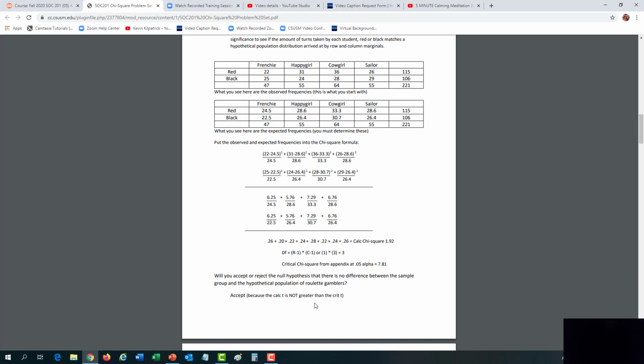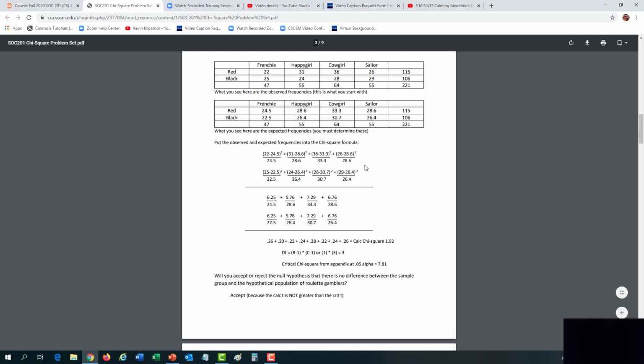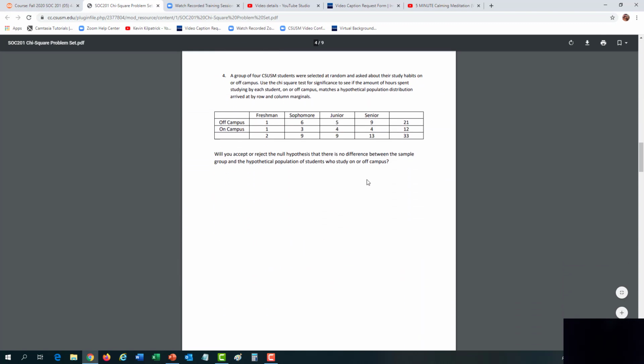What I mean here is that I'm accepting it because the calculated chi-square is not greater than the critical chi-square. Okay? Forget the T, please. All right? So you can use this problem as a guide to do number 4, which only has the table with the observed frequencies. Okay?